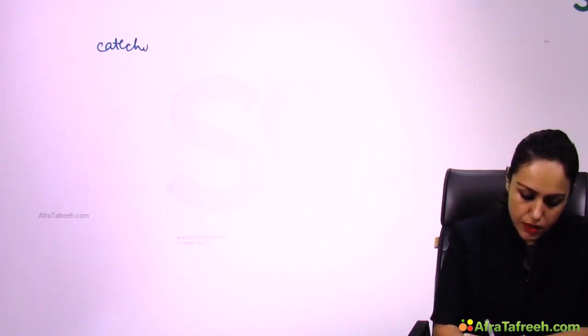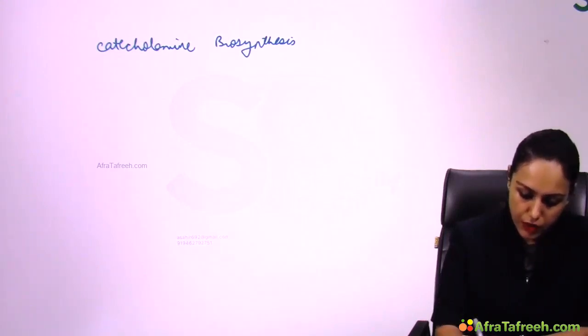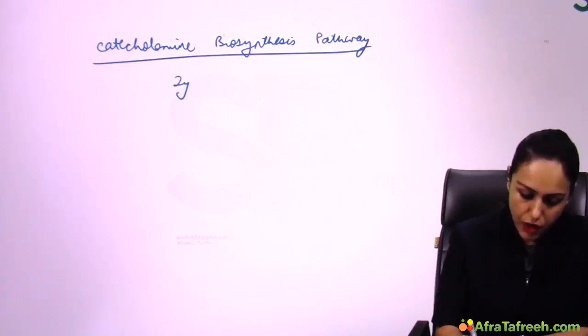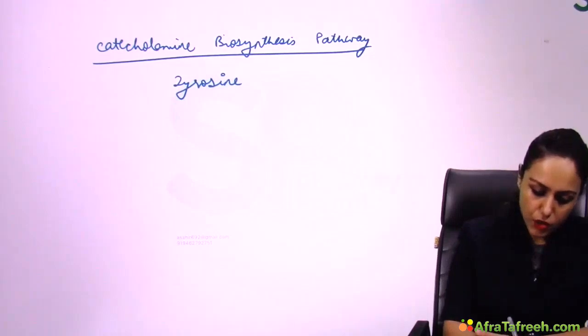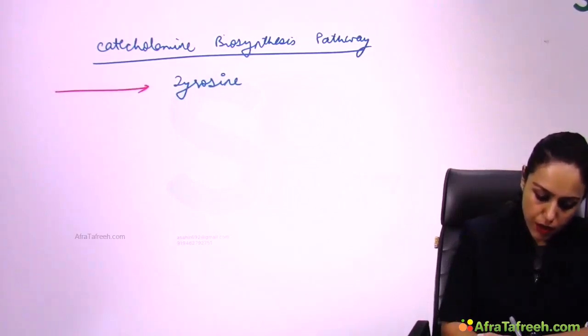That is catecholamine biosynthesis pathway. So which amino acid? We have tyrosine as the precursor for the synthesis of these catecholamines. You know that this tyrosine is coming from which amino acid?